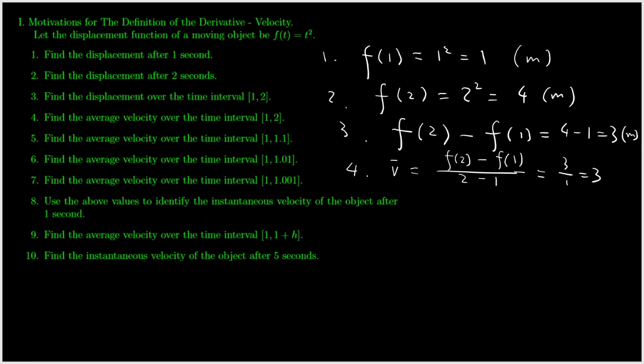The number I got is 3, and the 3 has a meaning. It's supposed to be average velocity. Does anybody want to tell me the unit for question 4? Yes, meters per second. Good. We're talking about velocity. Velocity is the speed, the rate of change of the distance. It's meters per second. Yes, that's right.